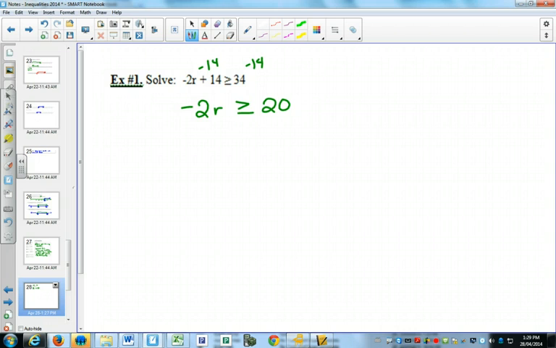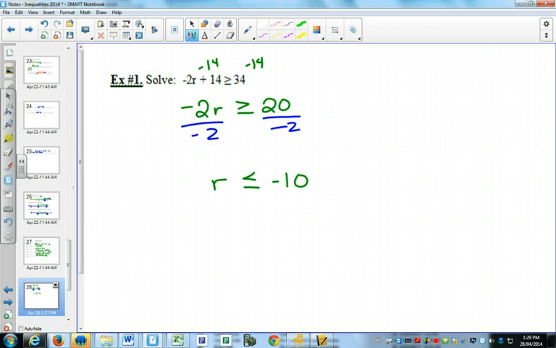Now what would you do next if you were solving? You'd divide both sides by negative 2. So we do that as well. But now we're getting to that special rule because we are dividing by a negative number. So on this side, negative 2 divided by negative 2, you'll just get r. On this side, what's 20 divided by negative 2? Negative 10. And instead of writing greater than or equal to, it will be less than or equal to.